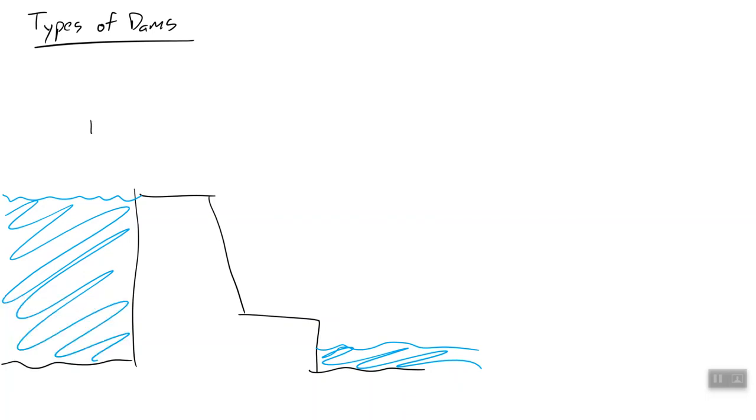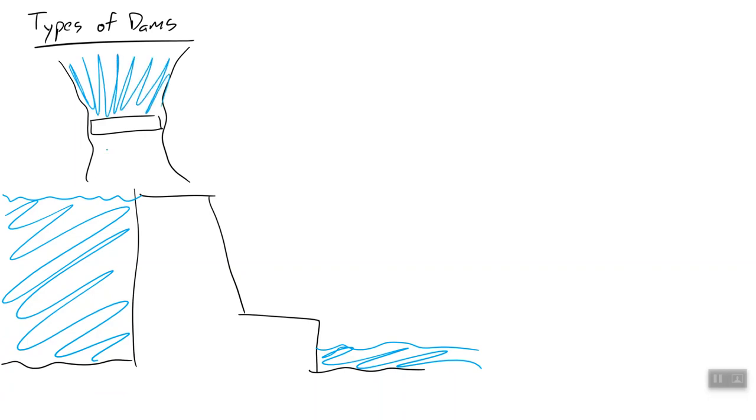So if we kind of look at this thing from above, here's a river, and we have put in the middle of the river this dam right here, and that dam is impounding the water. It is an impoundment dam.